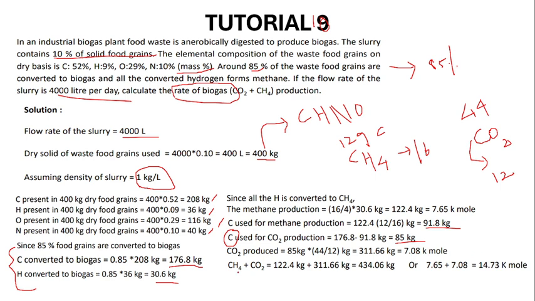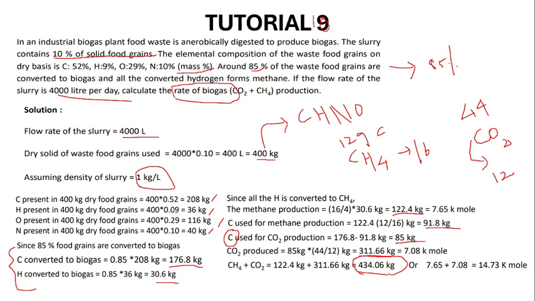Okay. Now we can find the total amount of biogas produced by adding 122.4 and 311.66. The total amount is 434.06 kg. This is the amount of biogas produced in this anaerobic digester.